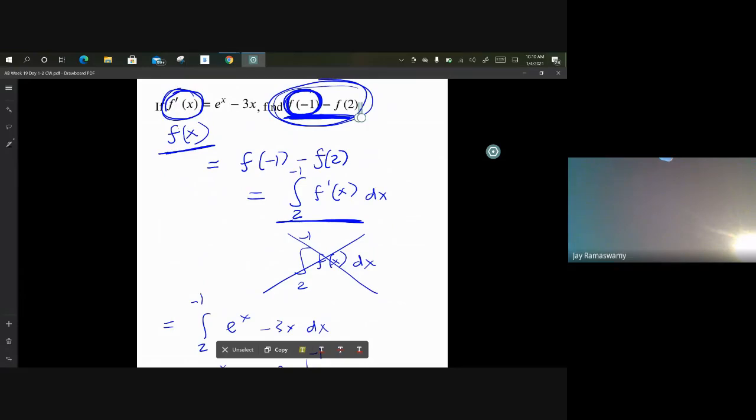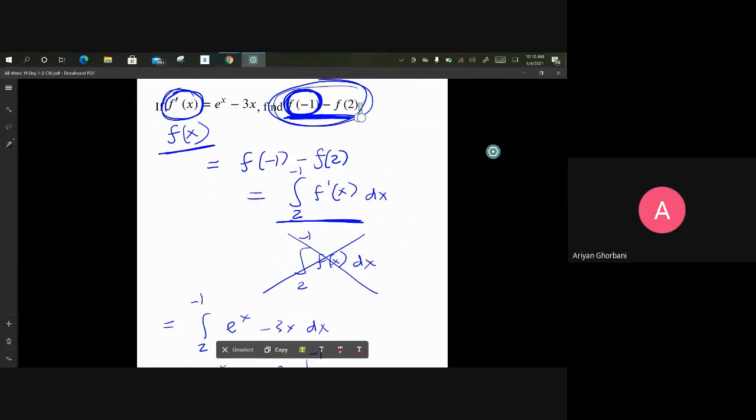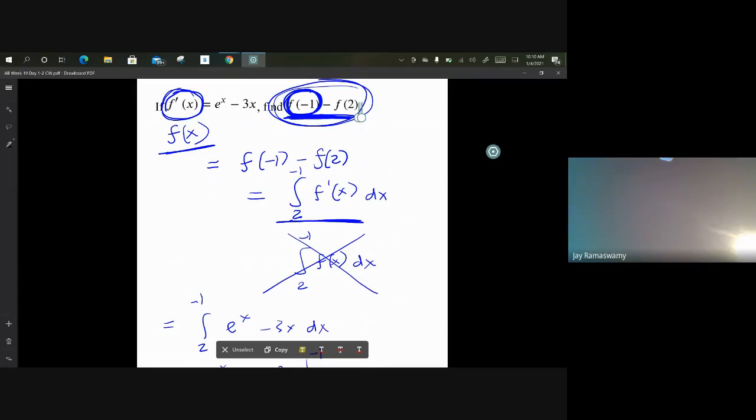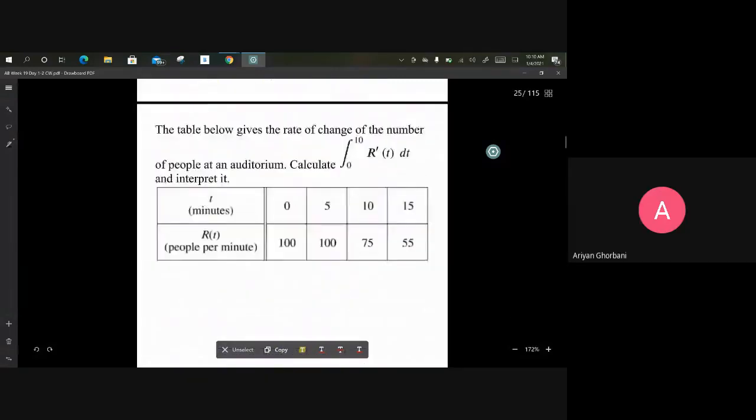When you have a mismatch, you immediately have to apply the net change theorem. You can't plug it in. I'm not giving you f of x. My thinking was that f dash of x is f of a minus f of b, so f of a could equal e^x and f of b could equal the other term, and then you combine those two. But I have no idea what you meant. Okay, ask me later.